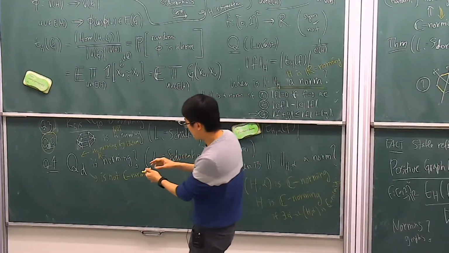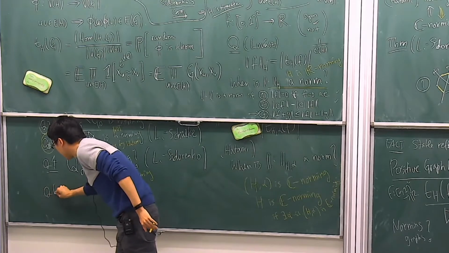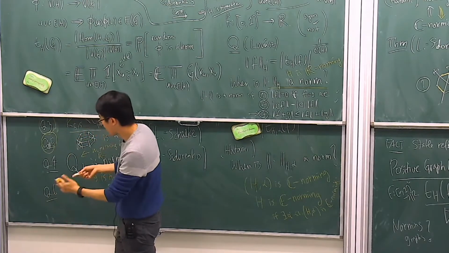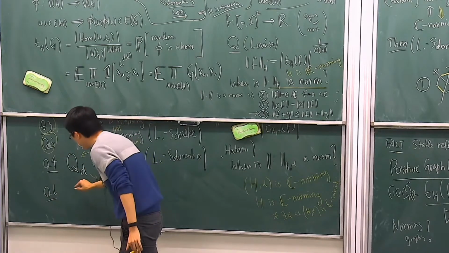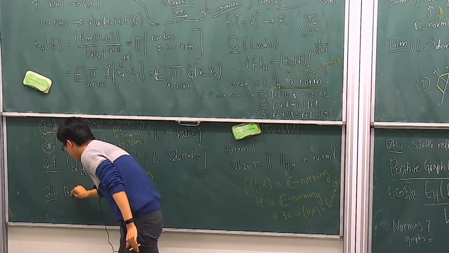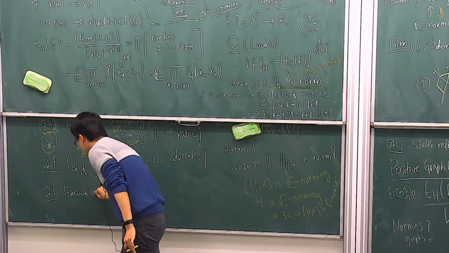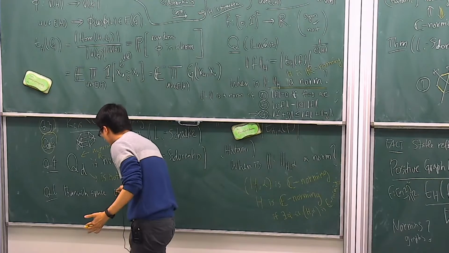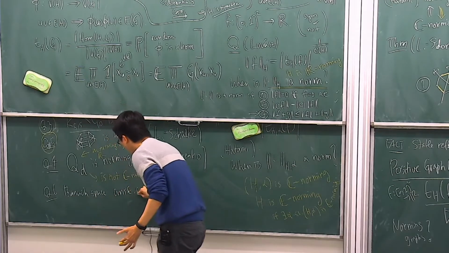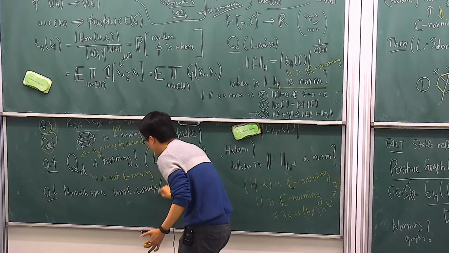And other questions, like the sixth one, the last, are some Banach space geometry questions, like uniform convexity and smoothness.